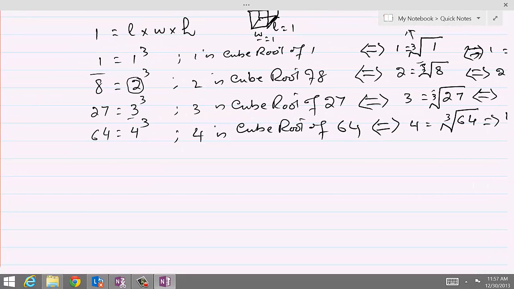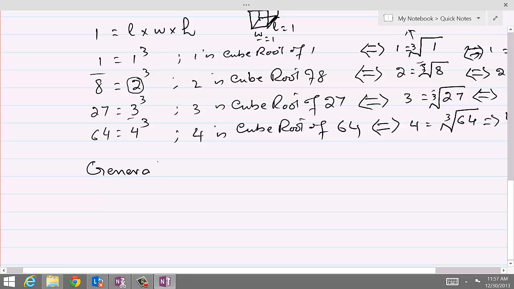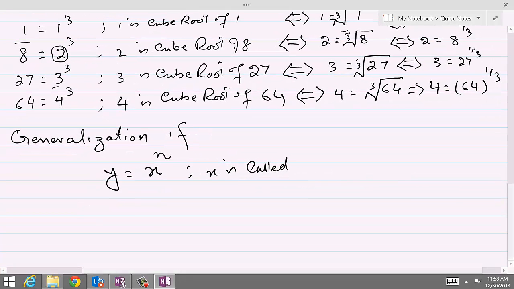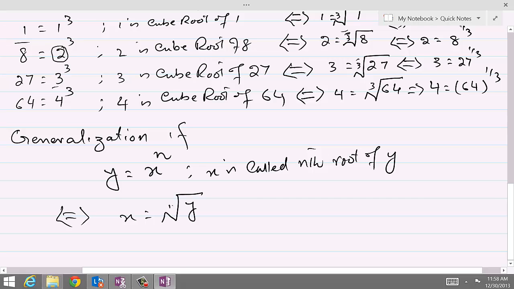Generalization: if y is equal to x to the n, then x is called the nth root of y, and we can equivalently write it as x equal to y with the same symbol and n in this corner.